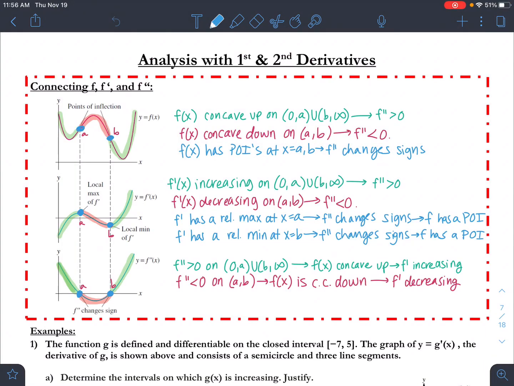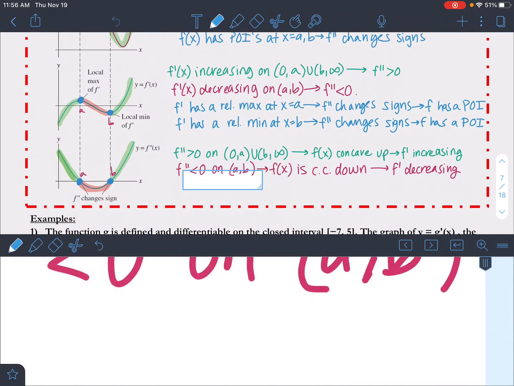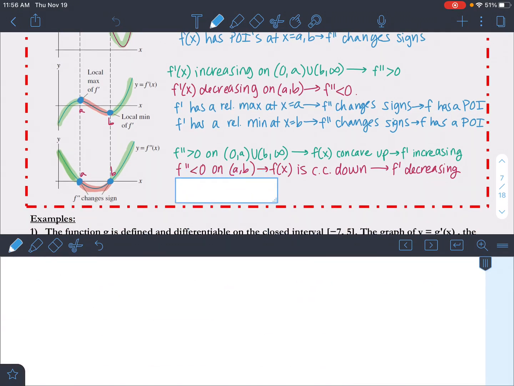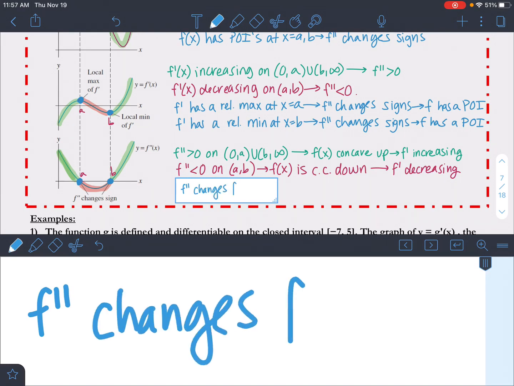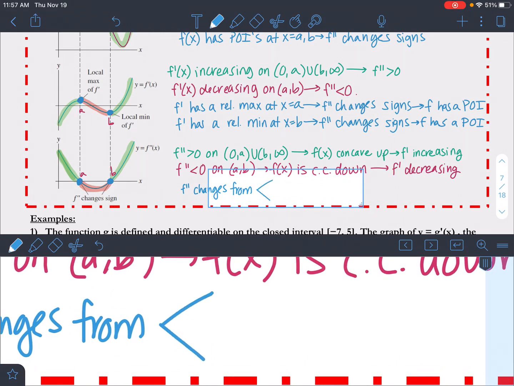All right, and the last one we want to talk about is, in our f double prime graph, what do those x-intercepts represent? As we know, they're points of inflection. So how would we justify that? We would say f double prime changes from, and I'm actually going to branch off here because there are two different situations. We want to mention specifically what's happening.